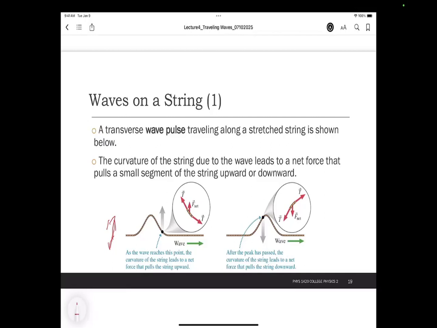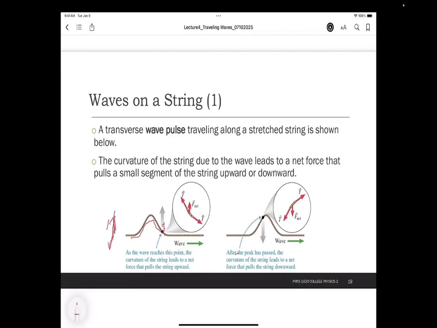If the wave travels here, the curvature of the string leads to a net force. This pulls the string upward. And after the peak has passed, the curvature of the string leads to a net force that pulls the string downward.